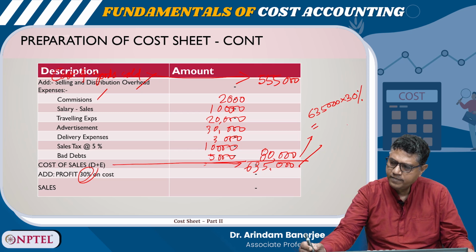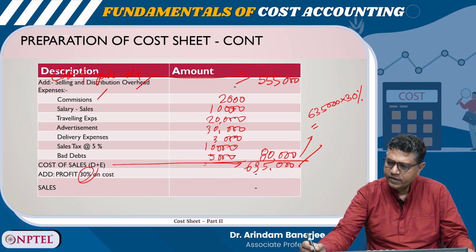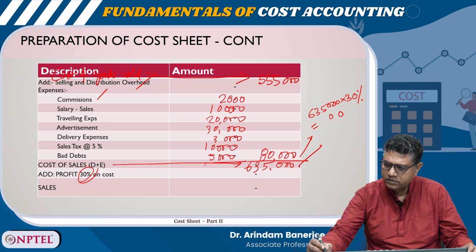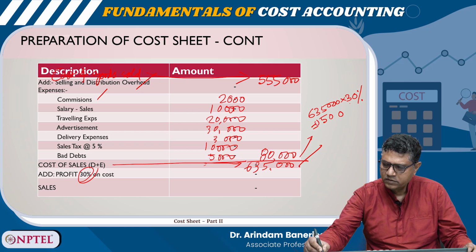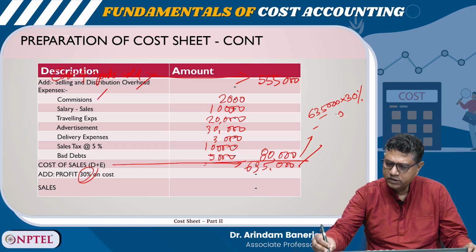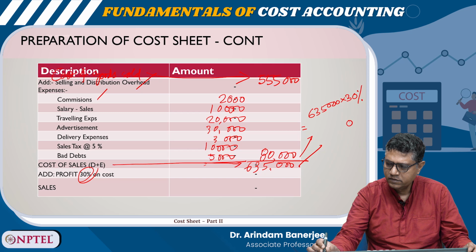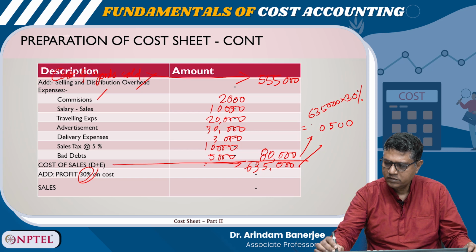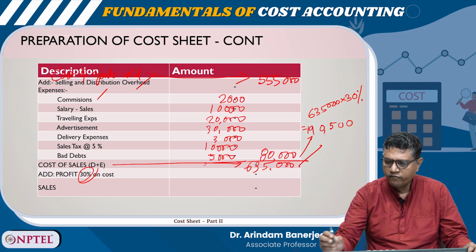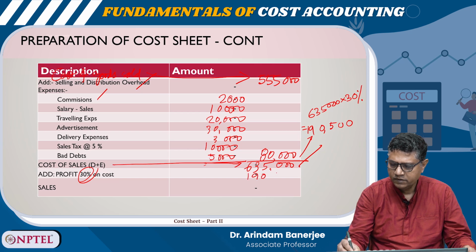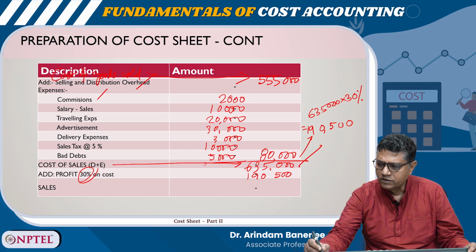So, it should be 190,500. Let's check it again.